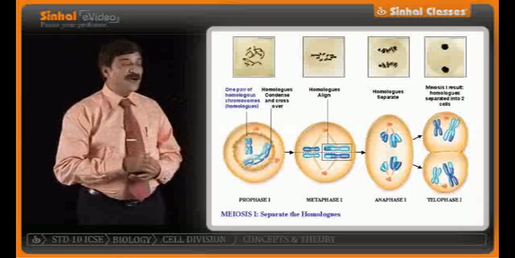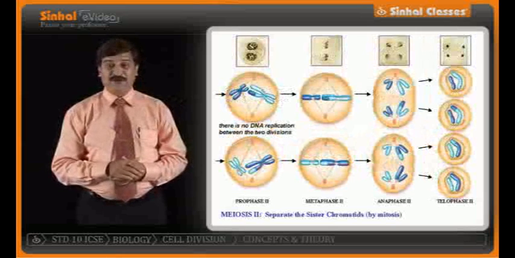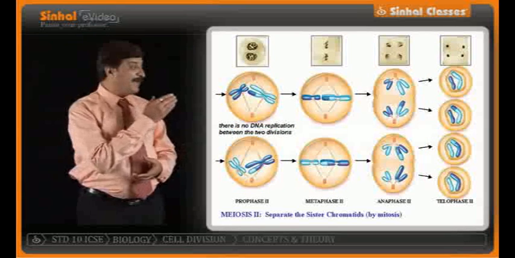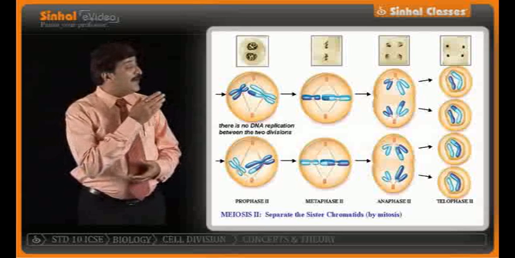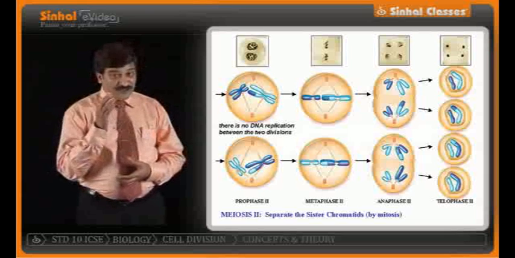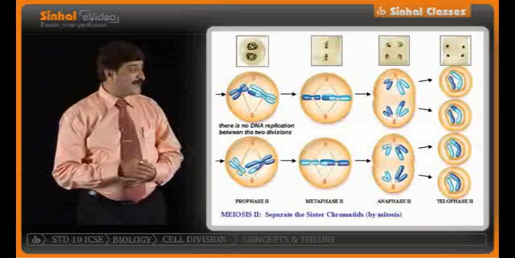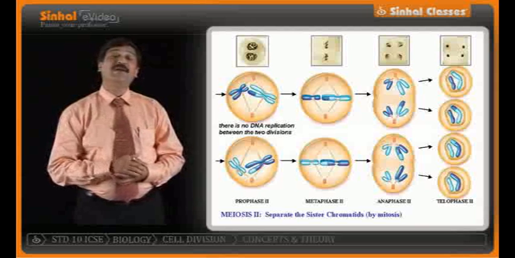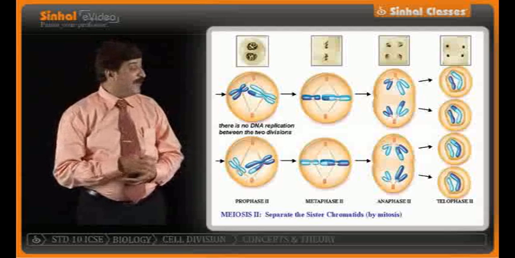We also take into account the second meiotic division, which is nothing but the mitotic type of division. The two daughter cells, as you can see now, undergo mitosis in which the two chromatids of each chromosome separate and move apart to get surrounded by the nuclear membrane. Thus, 4 cells are formed.